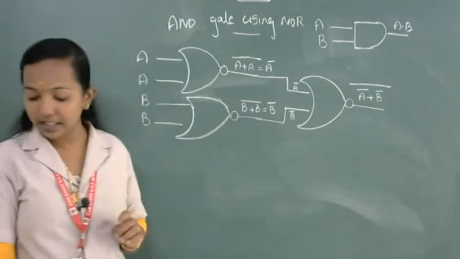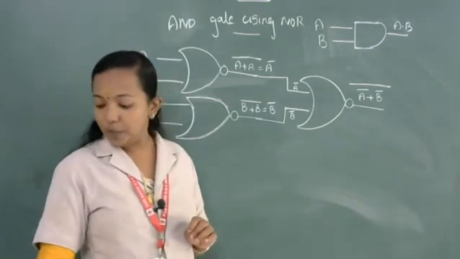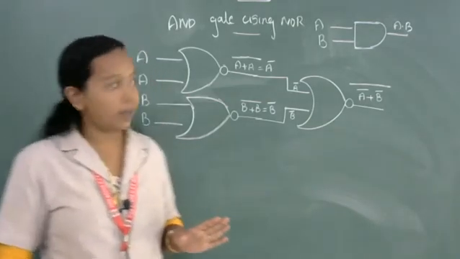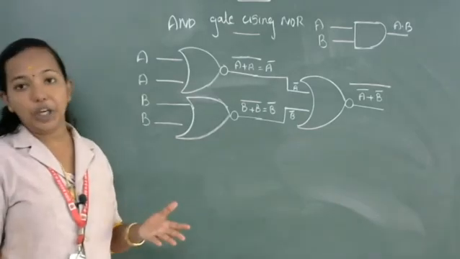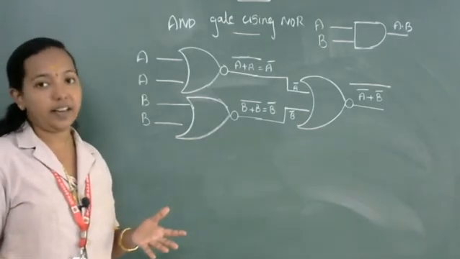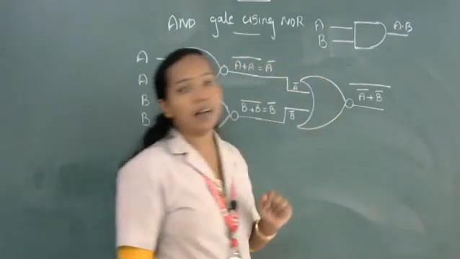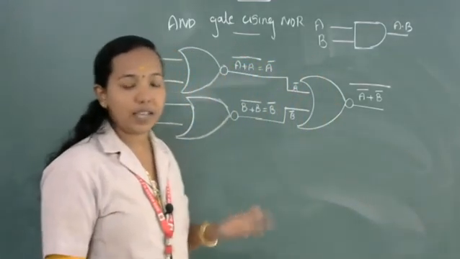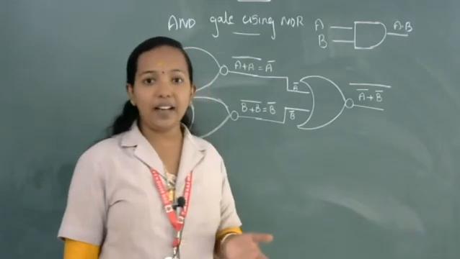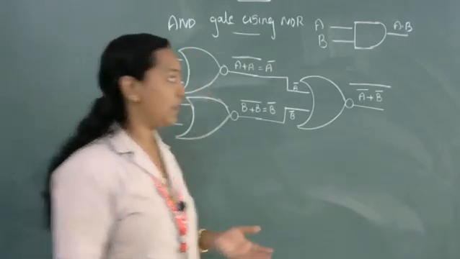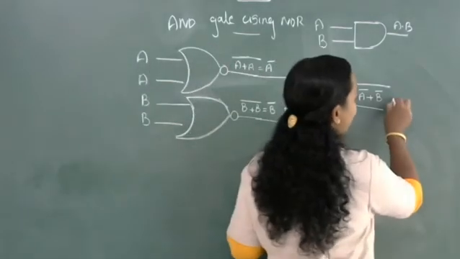Here I am going to apply De Morgan's theorem. According to De Morgan's theorem, the complement of the sum of two Boolean variables is equal to the product of their individual complements. So we can write it like this. What will be the answer?